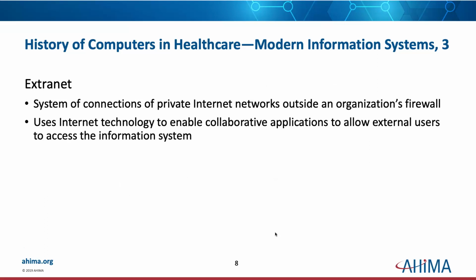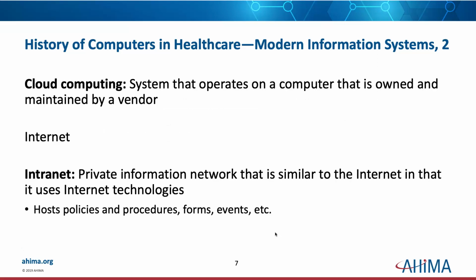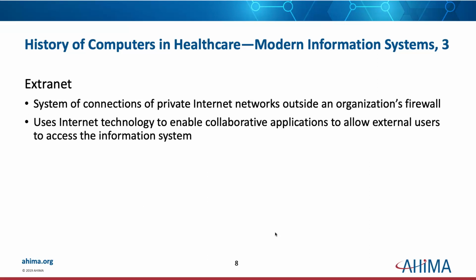These are systems of connections between private internet networks outside of an organization's firewall, or they're using internet technology to enable a collaborative application that allows those external users to access the information system. So that's an extranet. Make sure that you know the difference between intranet, internet, and extranet.